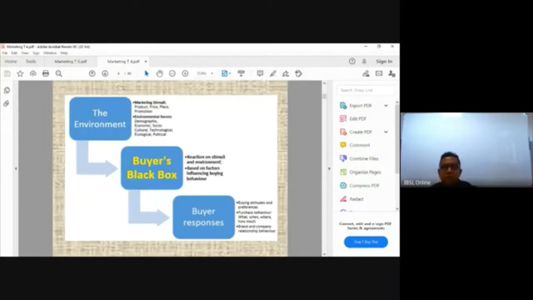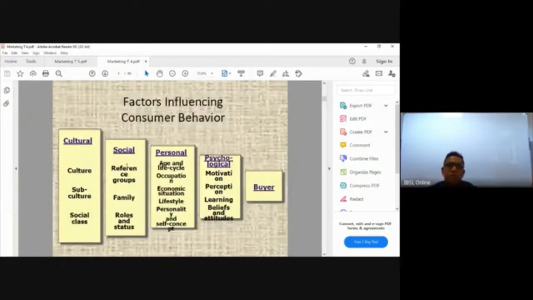That freedom of choice is influenced by these factors: motivation, perception, learning, belief and attitude, personality, social and cultural things.